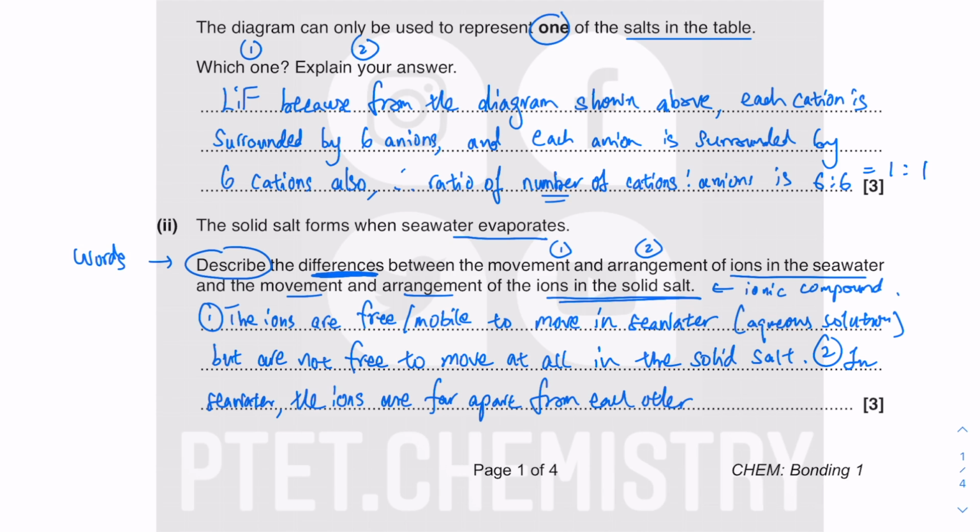In fact, when I say free and mobile to move, I can say they can slide past each other amongst the water molecules. It's not exactly liquid. So it is clear that this is referring to what happens in the seawater.